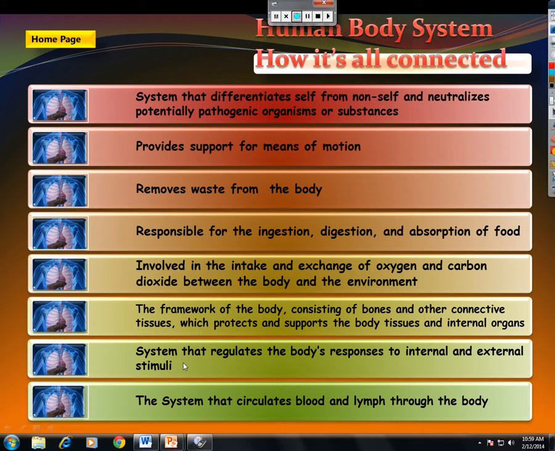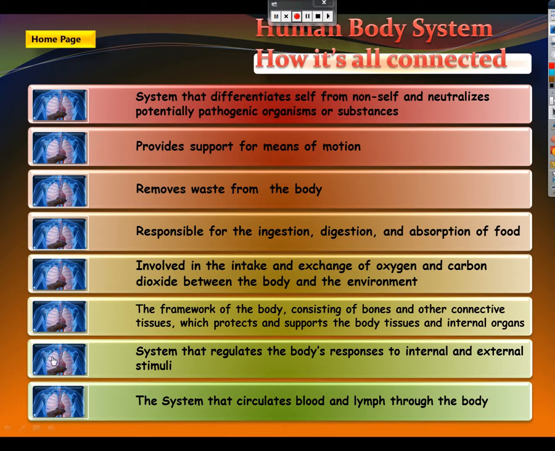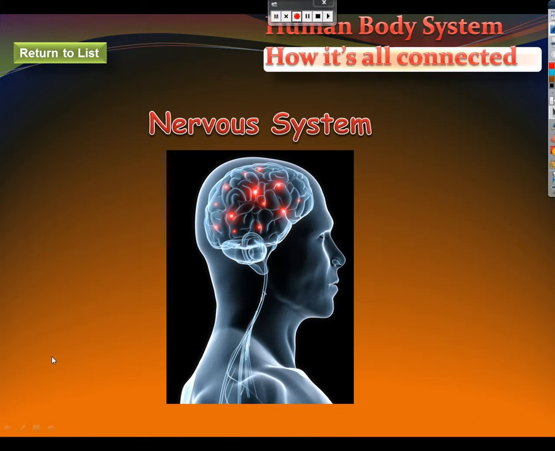The question and external stimuli. That one is going to be the nervous system. Okay?